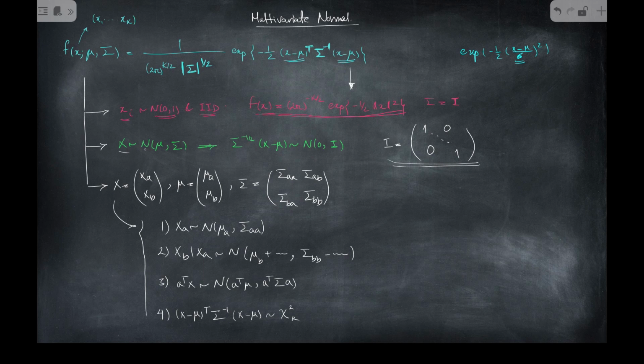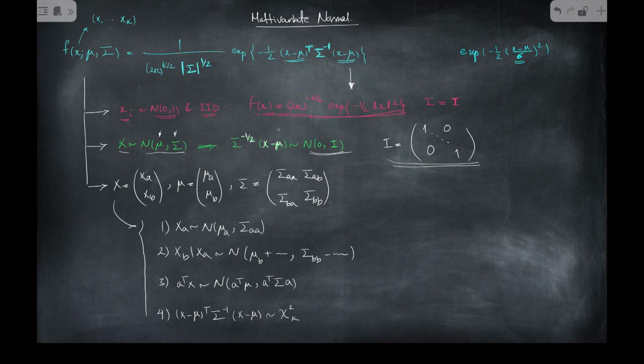Next, if x has this multivariate normal distribution with mean mu and covariance matrix sigma, then sigma to the power of minus half times x minus mu has this multivariate standard normal distribution. So mean is 0, and covariance is I, which is identity.